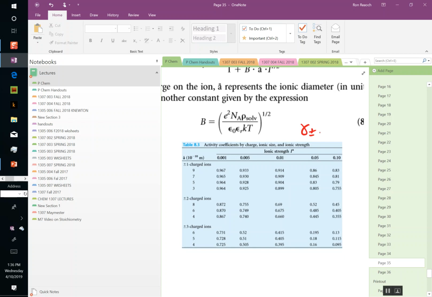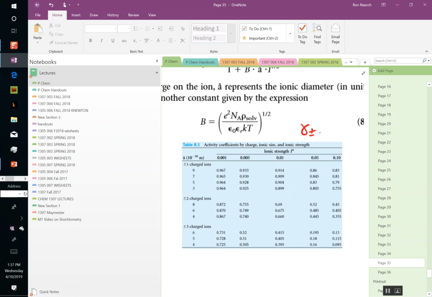What are the 9, 7, 5, 3? Activity coefficients by charge. Oh, I think those are the activity coefficients. 9, 7, that's the amount of charged ions, I think. Is it? But how can you have an odd number of charged ions? 4, 5, 6, 4, 6, 8, 3, 5, 7, 9.